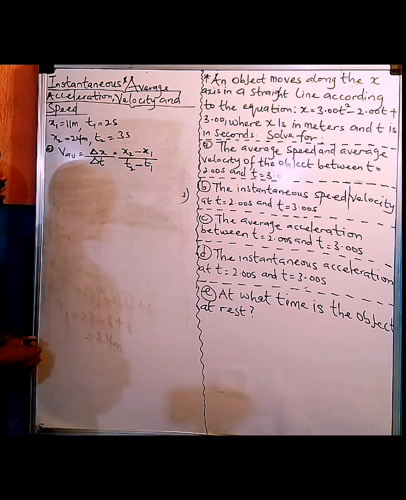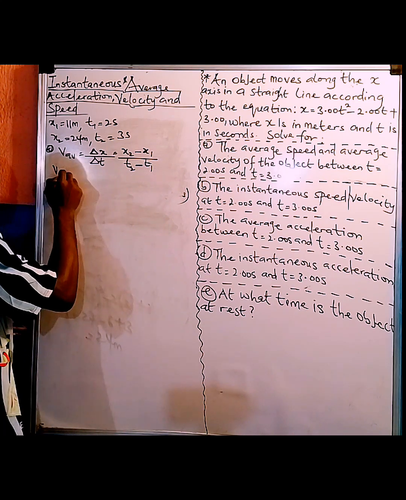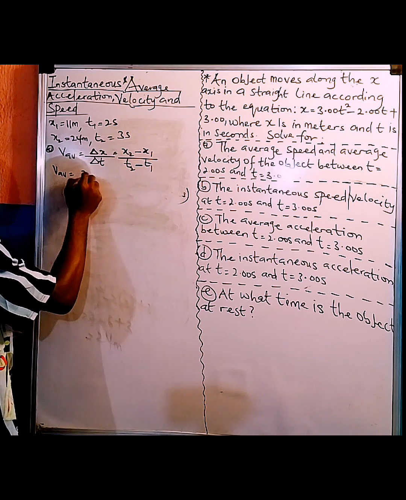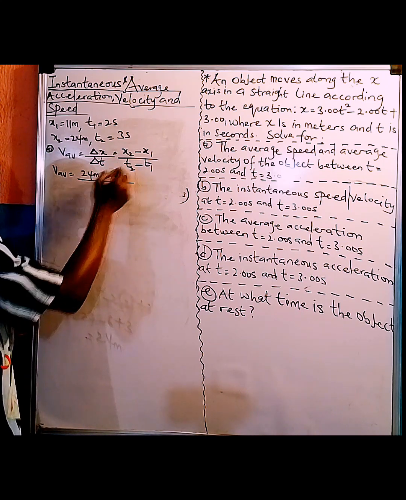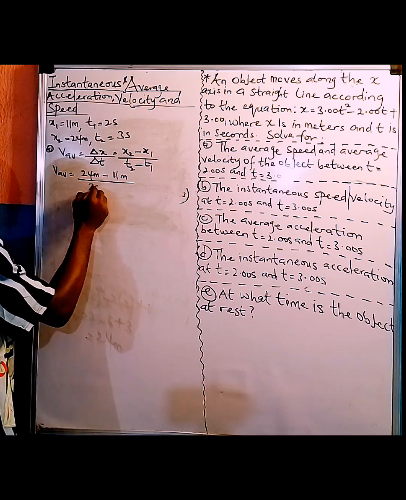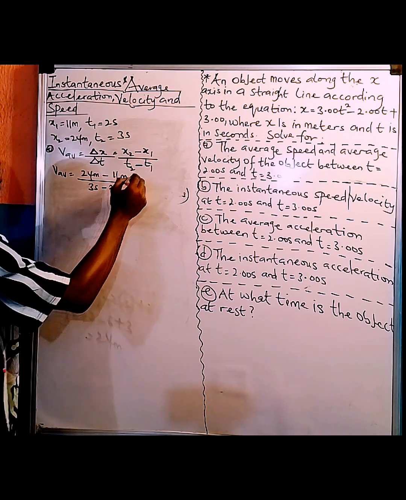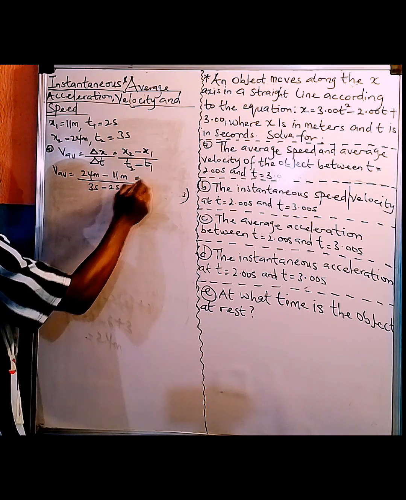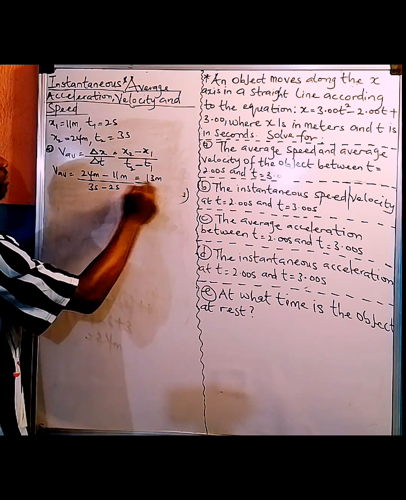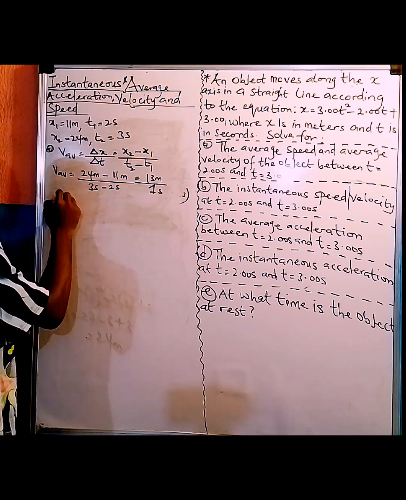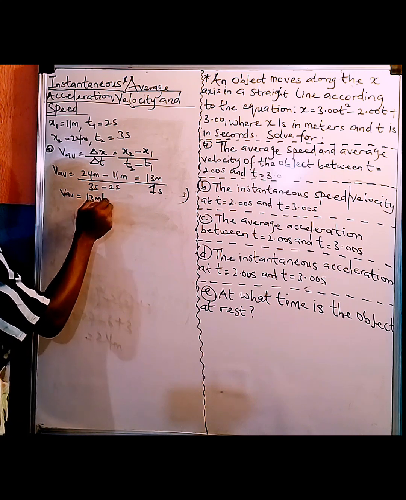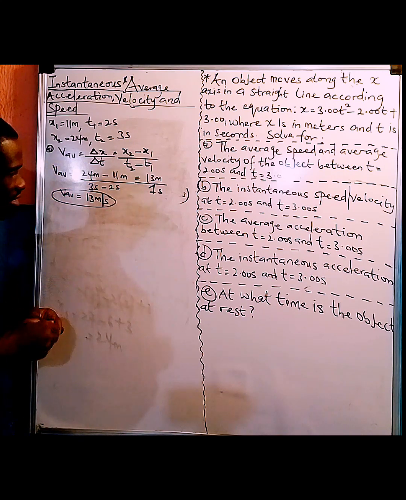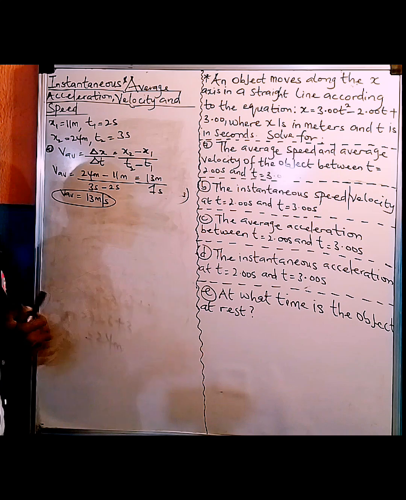Displacement 2 is 24 meters minus displacement 1, 11 meters, over time 2, 3 seconds, minus time 1, 2 seconds. 24 minus 11 is 13 meters over 1 second. So average velocity is 13 meters per second. As easy as that.